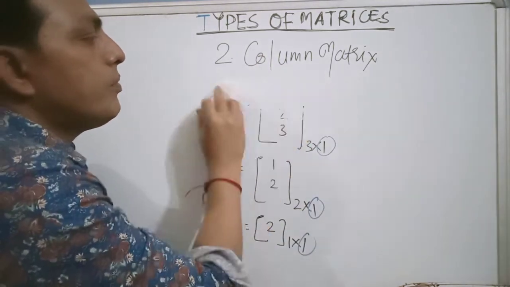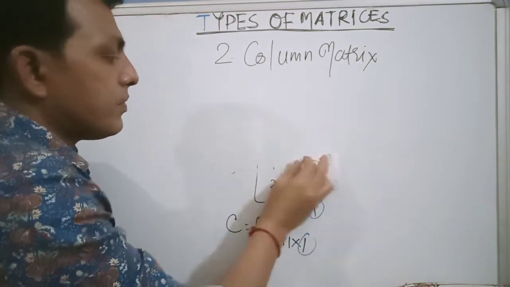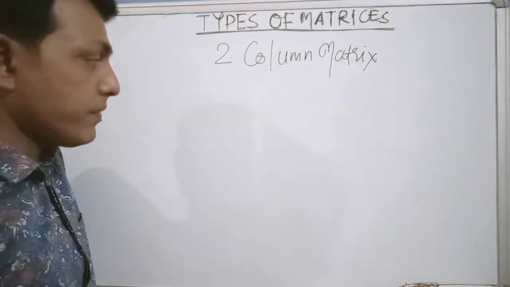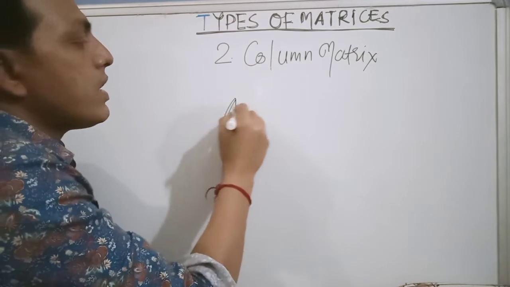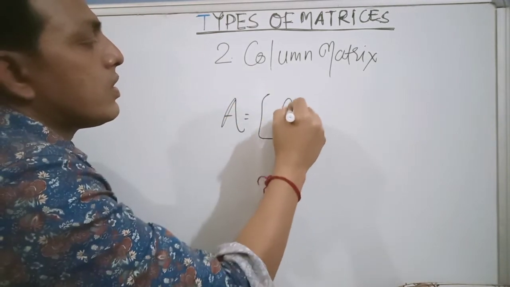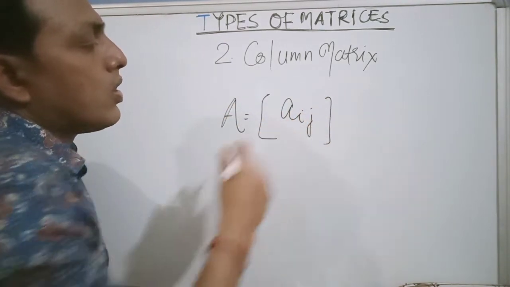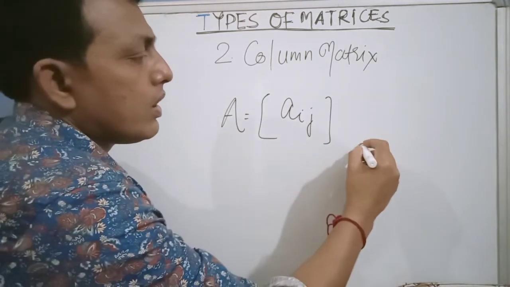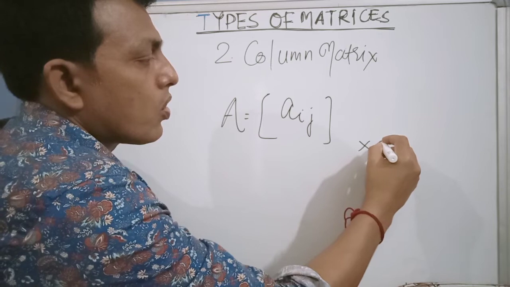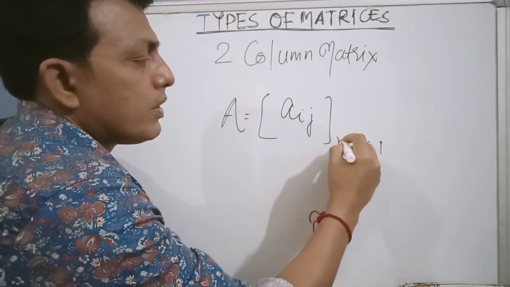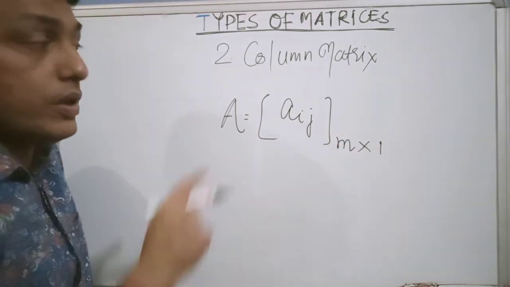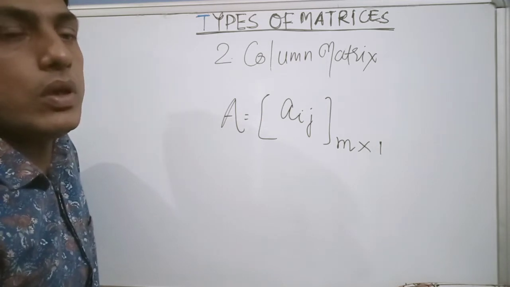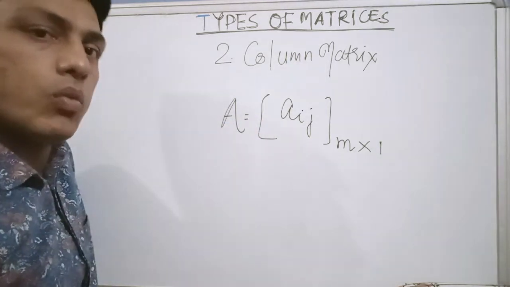In the symbolic form, A is a matrix called column matrix if number of column is 1, there is no limitation for number of rows. Number of columns would be 1.